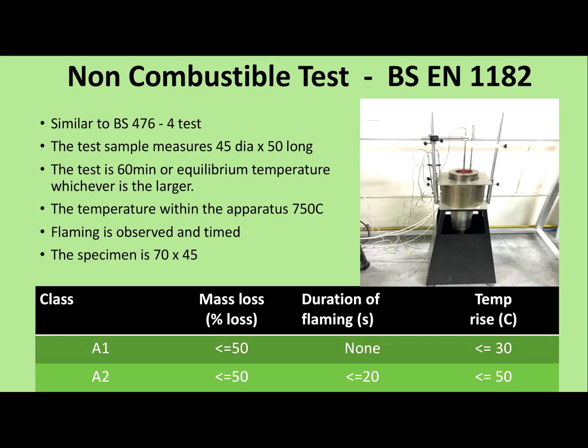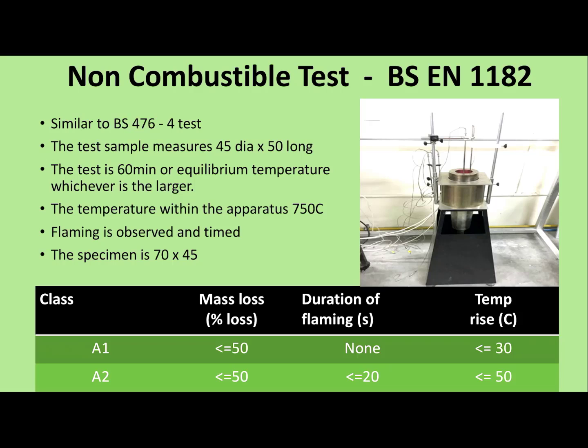And the reason there's no lid on it is because you need to be able to observe the flames, if there are any flames. Anything over 5 seconds must be recorded. Anything less than 5 seconds is not generally considered an issue.